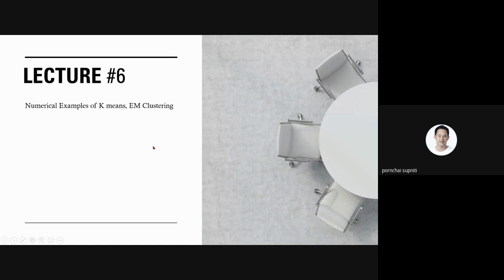Okay. So for the first part of the lecture, let's look at the numerical example of the k-means clustering and also EM clustering, okay?